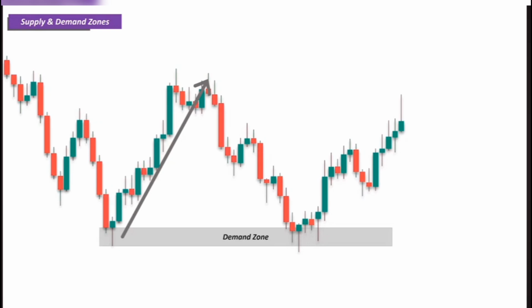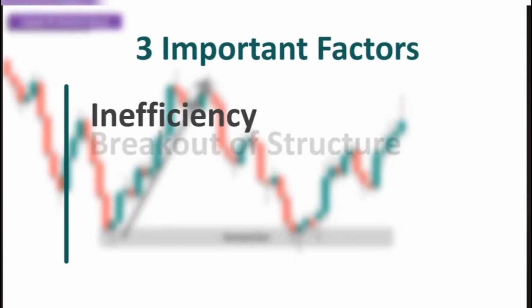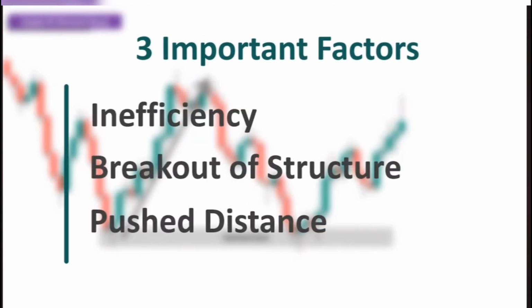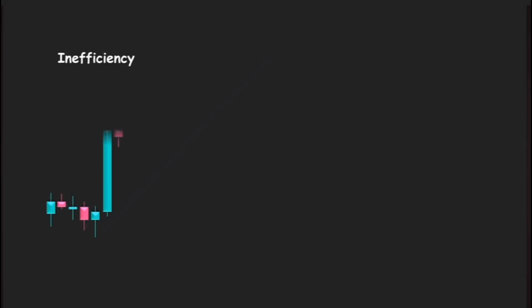To identify strong zones, we look for three important factors: inefficiency, break of structure, and the distance price moved away from the zone. These factors help us measure the strength of the zone and increase the probability of a successful trade. Inefficiency occurs when the price moves away from an area very quickly, leaving an imbalance between buyers and sellers.